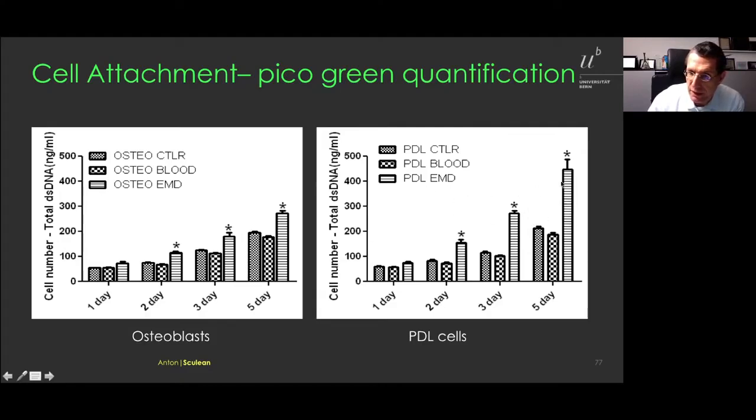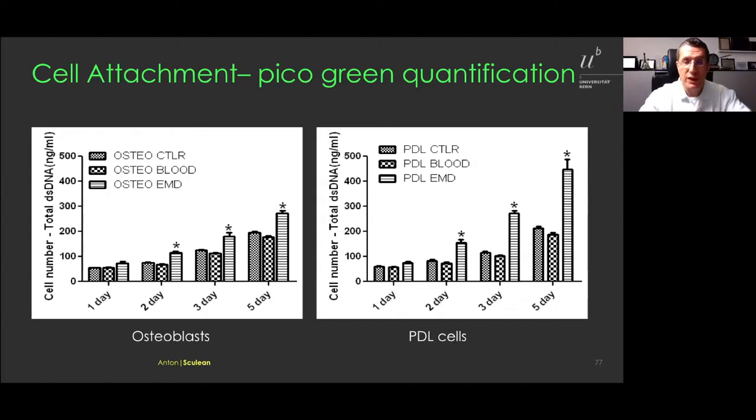PDL, if you have an EMD coating without blood, you see a very high concentration. If you have a contamination with blood, then it's less than half the amount of cells that migrate there, okay?